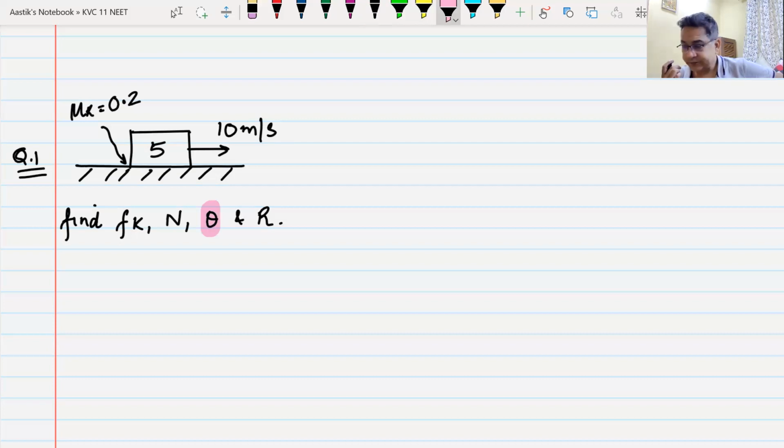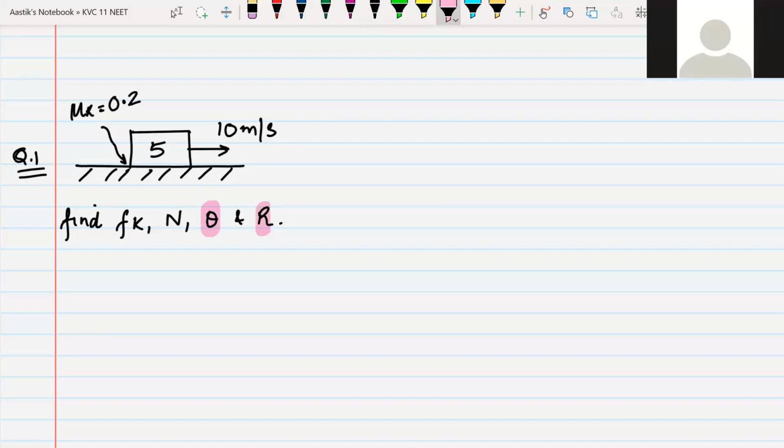You don't know? So you find it out. Tan theta equals mu k. And you have to find out the value of R. So you have 2 minutes to do it. Tan theta equals 0.2.